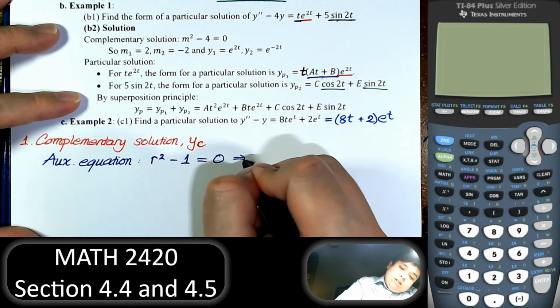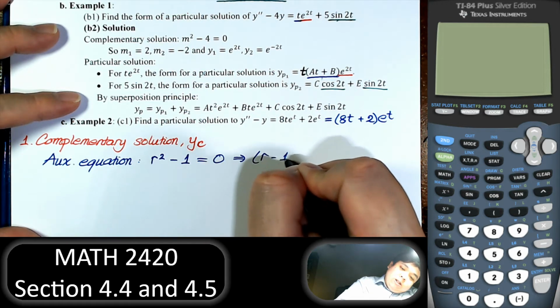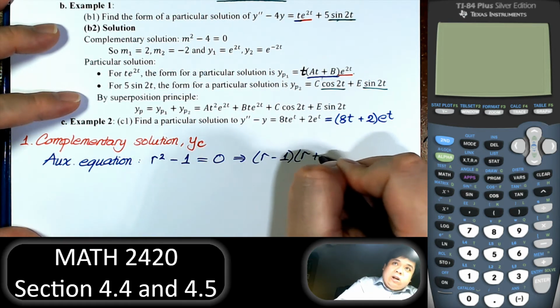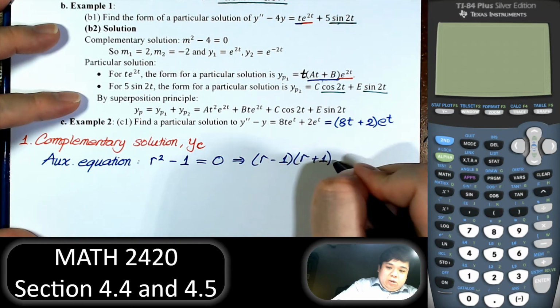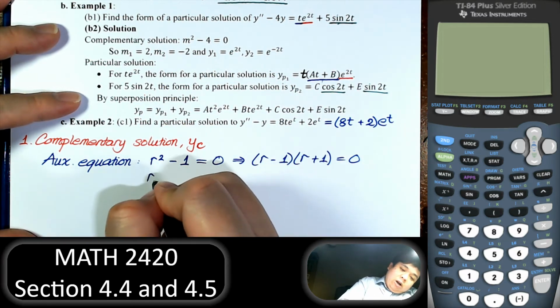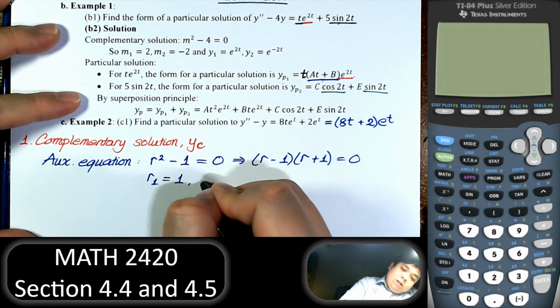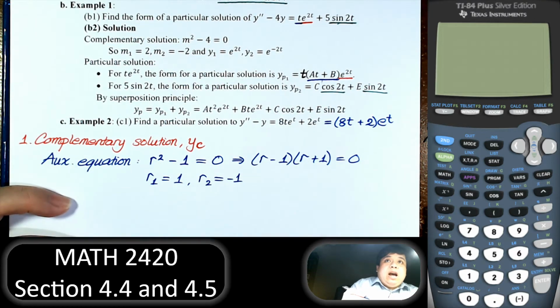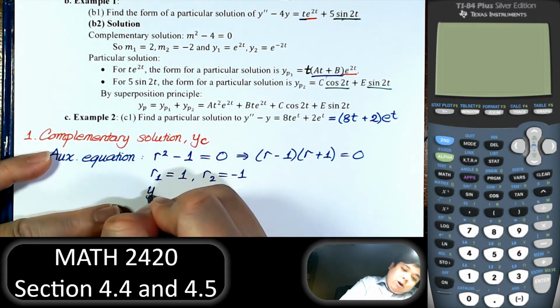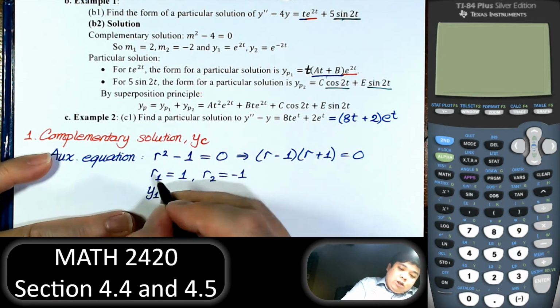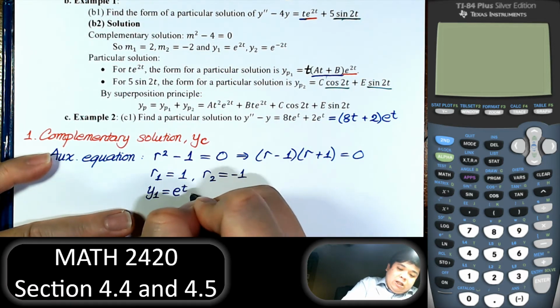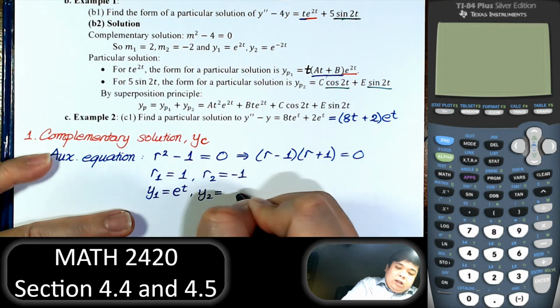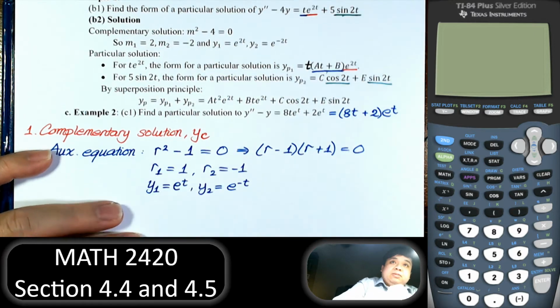So factor, r minus 1, r plus 1 equal to 0. So r1 is equal to 1, r2 is equal to negative 1. And with that we have y1 is equal to e to the t, y2 e to the negative t.